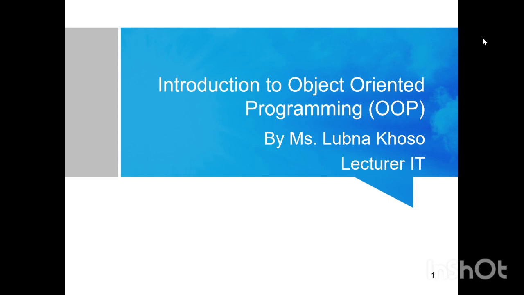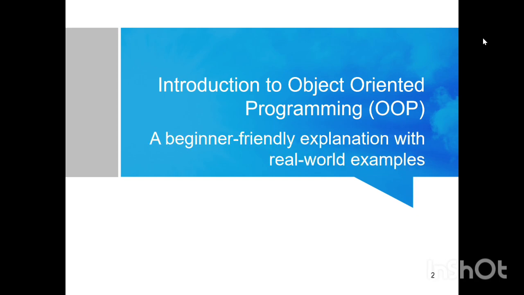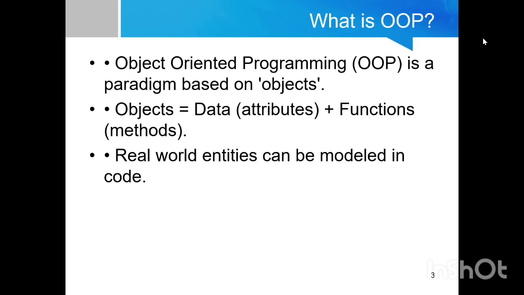Today we are going to learn about object-oriented programming, also known as OOP. This is one of the most important programming paradigms, used in almost every modern programming language. Our lecture is a beginner-friendly explanation with real-world examples. I am going to give you some real-life examples of how programming languages are used in our real life.